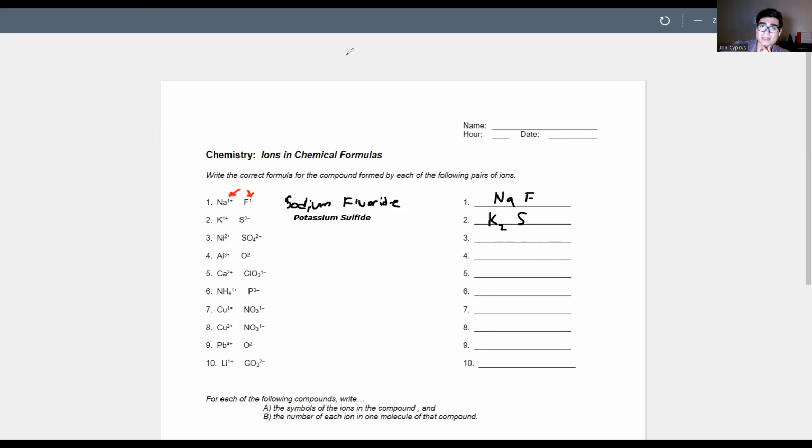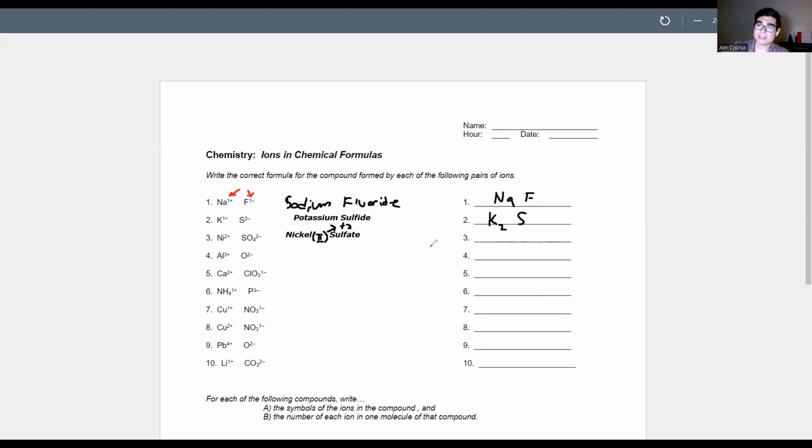So the way we do that, let me actually write out the name first. The way we do that is by putting parentheses and then a Roman numeral. So nickel(II), which means it has a +2 charge, sulfate.